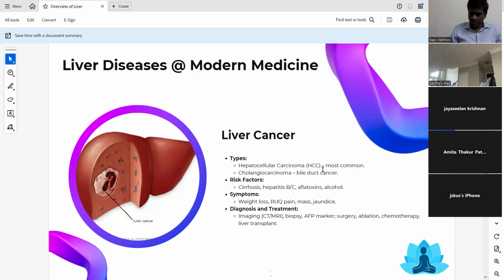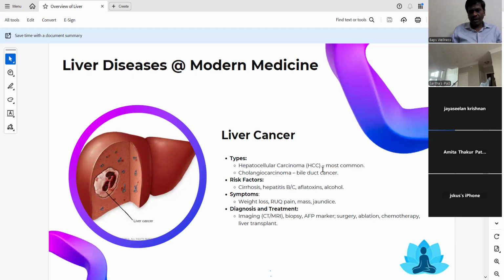Even otherwise, a person with any issue with the liver, as it influences the appetite, will have poor or less appetite, no appetite, nausea. All those things lead to gradual weight loss. Fatigue will be there.